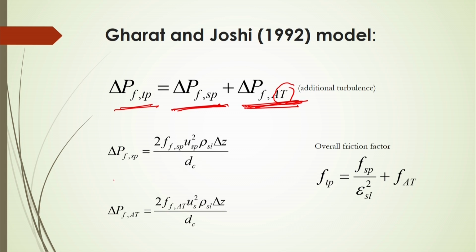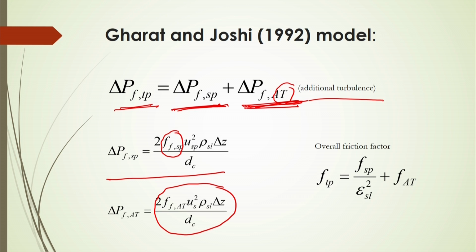Now, this single phase frictional pressure drop you can obtain from the Fanning equation. This is simple, this Fanning equation here, where the Fanning friction factor is again to be calculated from the Blasius equation. Then the additional frictional pressure drop, that is by additional turbulence, will be calculated there.